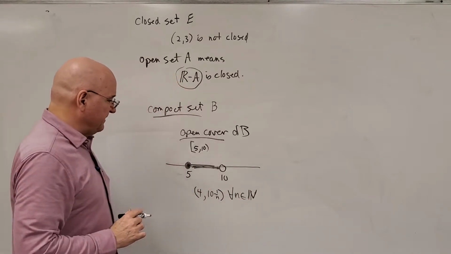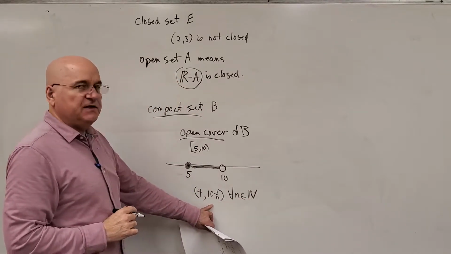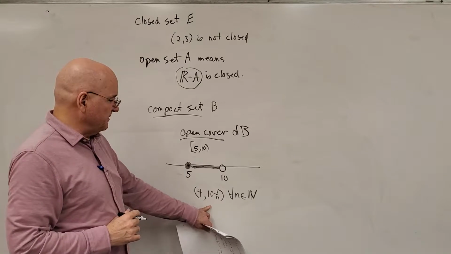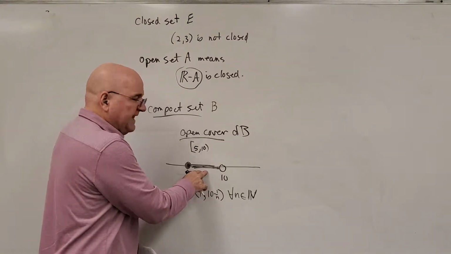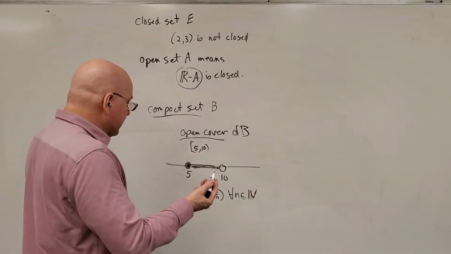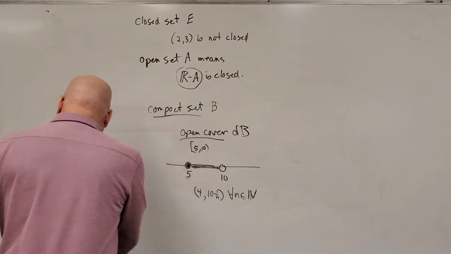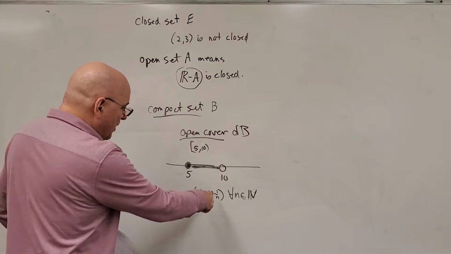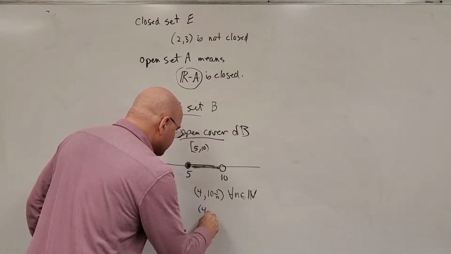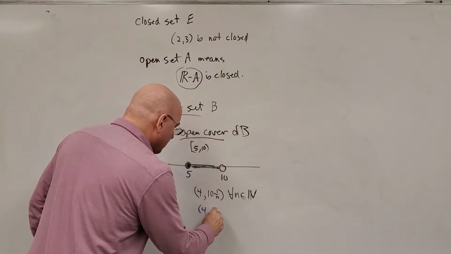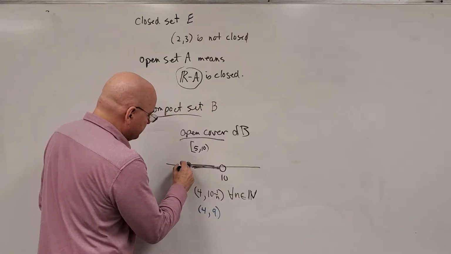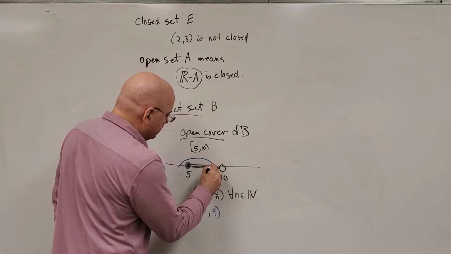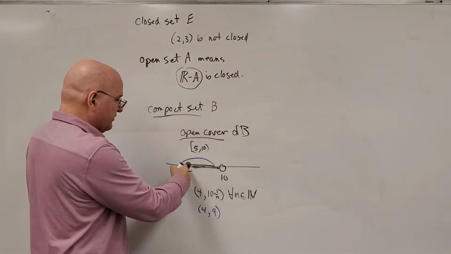Hopefully you can convince yourself that if I take the union of all of these intervals, that union will contain this interval. For example, the very first, when n equals 1, is 4 to 10 minus 1 over 1, which is 9. So we get a good chunk of it right there. This part's covered.